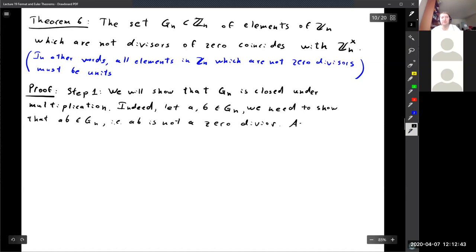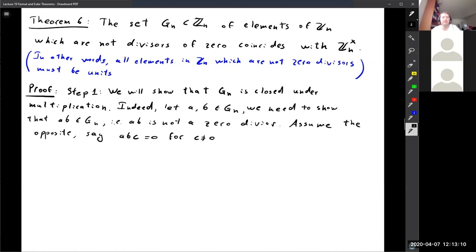Well, assume the opposite, say ABC equals 0 for C not equal to 0.